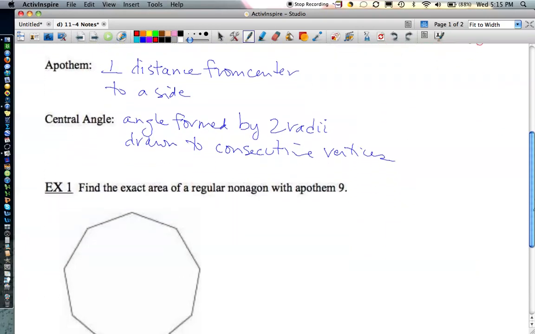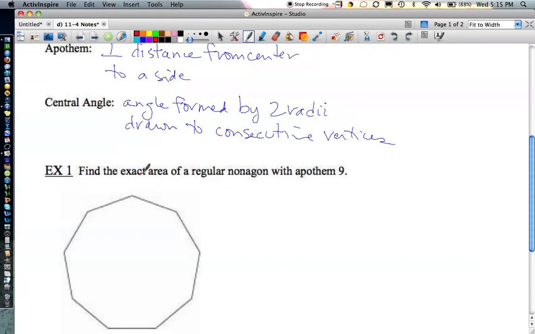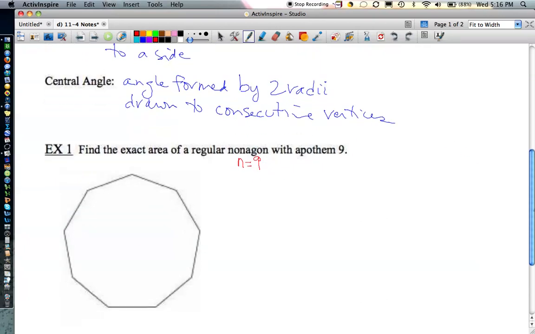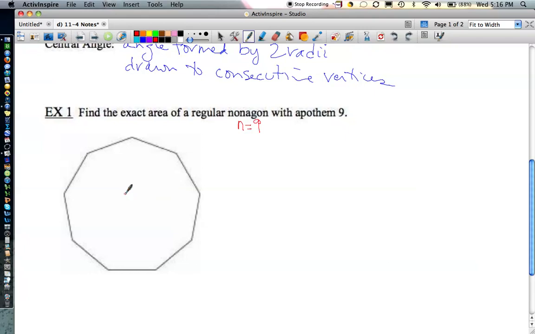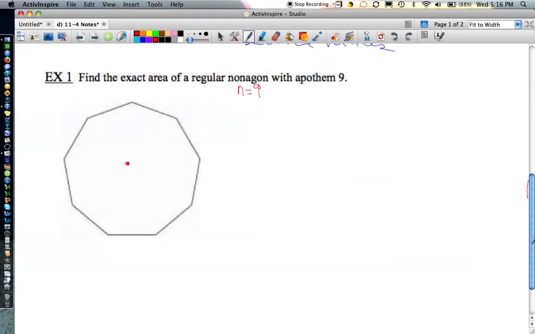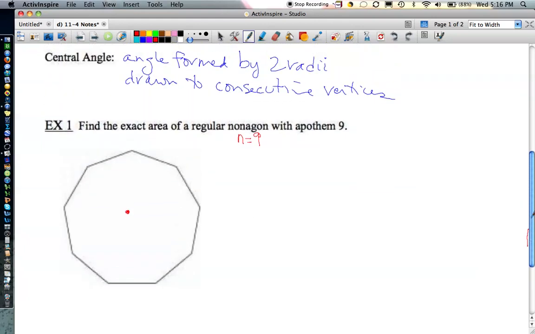Now, let's try to figure out if we can find the exact area of a regular nonagon, 9 sides with apothem 9. Okay, so first of all, the first step really is to find the central angle. You'll see at the bottom of your notes, your notes are a little bit different than my notes.